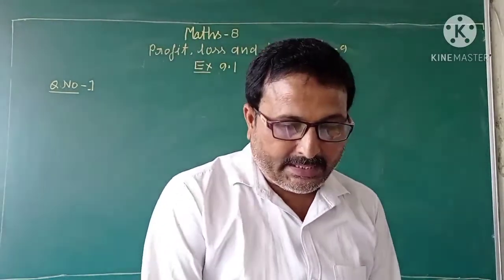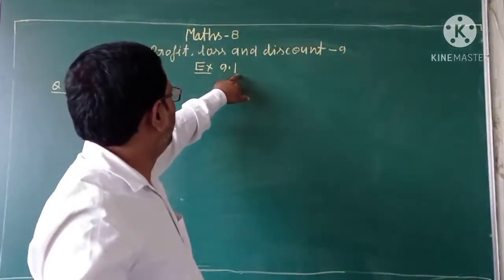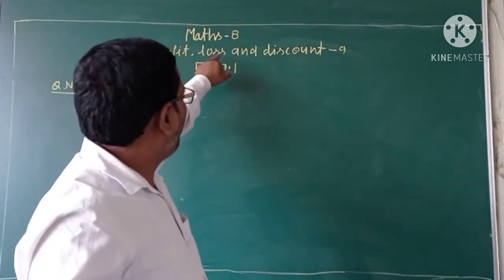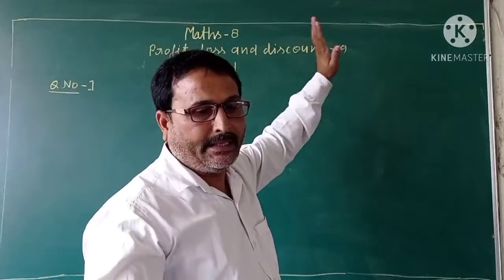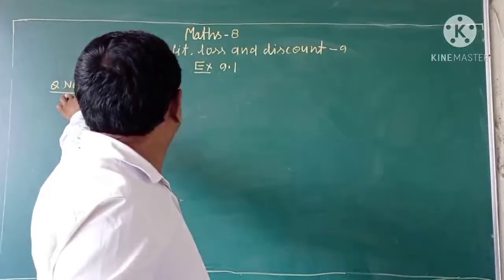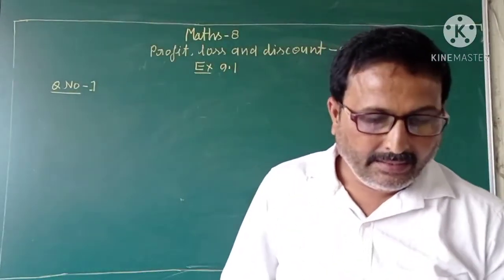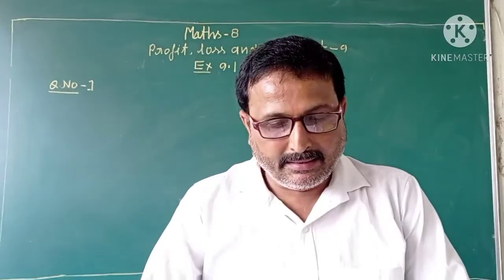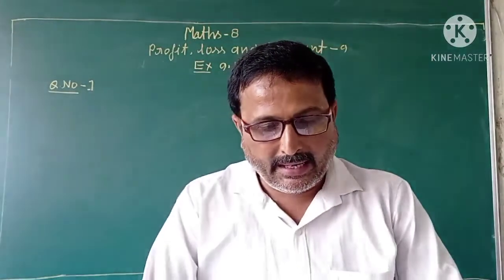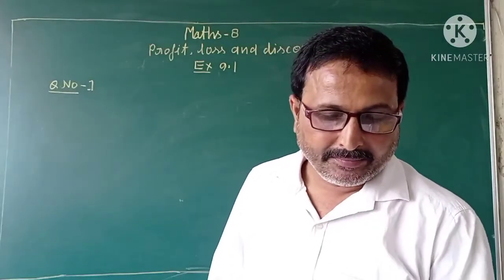I am going to explain exercise 9.1 Profit, Loss and Discount, Chapter 9 in Math 8th class. Question number one is given. A shopkeeper purchased 100 sarees at rupees 750 each.